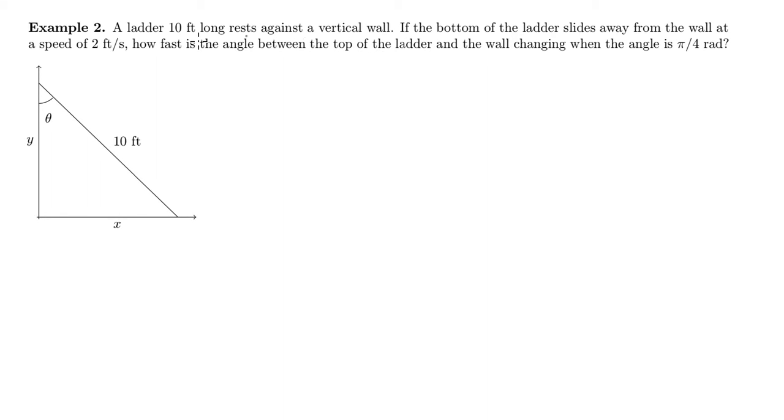Okay, so 10-foot ladder, bottom of the ladder slides away from the wall. Here's our keyword: at a speed of 2 feet per second. Okay, and that's away from the wall. So this is a rate of change of x.